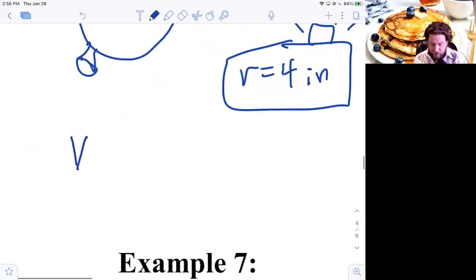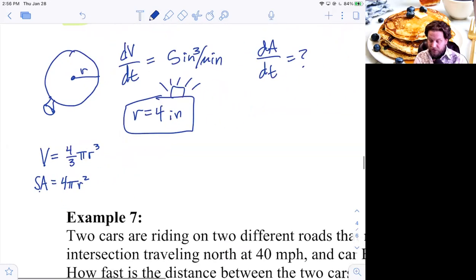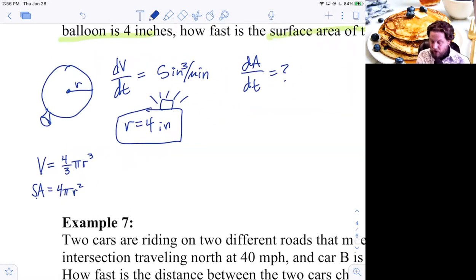I do know the volume of a sphere in terms of the radius. What is it? Good, 4/3 pi r cubed. Memorize it if you don't have that memorized already. That's the volume of a sphere. The surface area of a sphere, I'm going to call it SA for now. It's just the derivative of the volume with respect to r, not t. So it's 4 pi r squared. Because I have r as the only variable in both of those, I can relate them to each other by way of r.